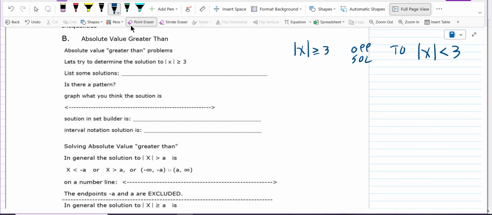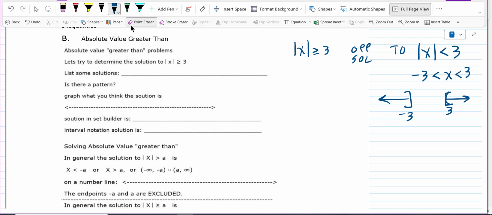That's one way to think of that. And the solution to absolute value of x less than 3 is numbers between -3 and 3. So what is the opposite of numbers between -3 and 3? The opposite would be numbers bigger than 3 and equal to, or numbers smaller than negative 3.